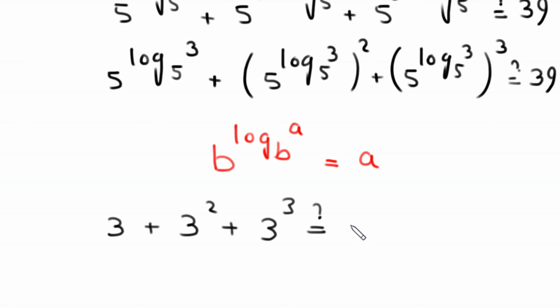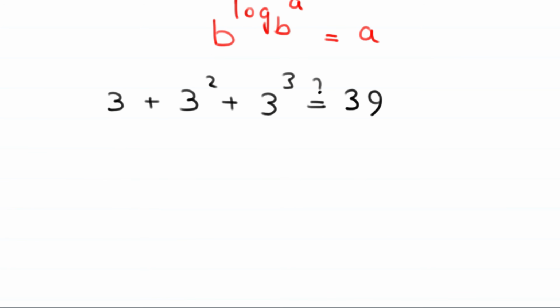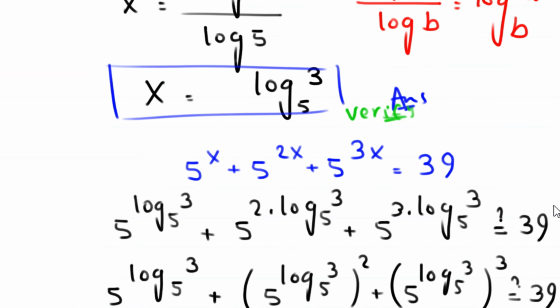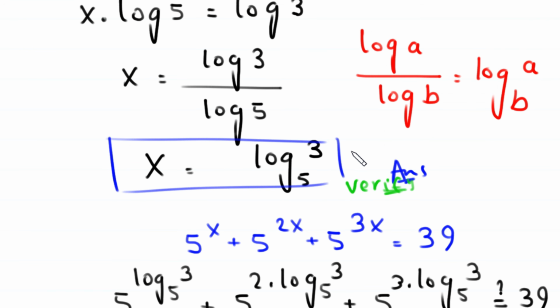Is this equal to 39? Next, 3 plus 3 squared is 9, plus 3 cubed is 27. 3 plus 9 is 12. 12 plus 27 is 39, equal to 39. You can see that left hand side is equal to the right hand side. It means that the value of x, log base 5 of 3, is a valid solution.